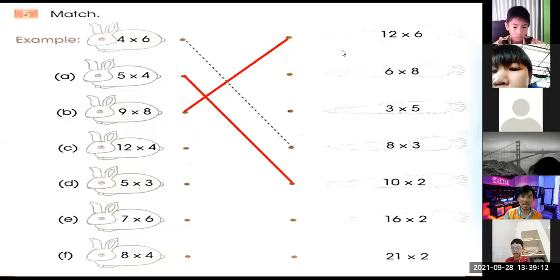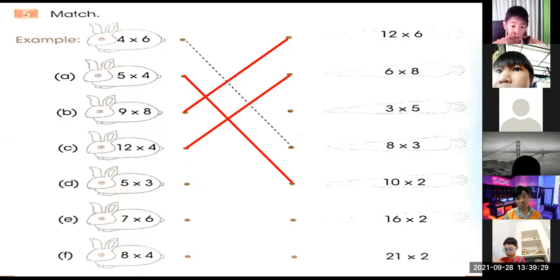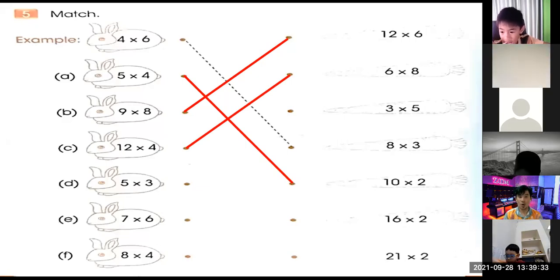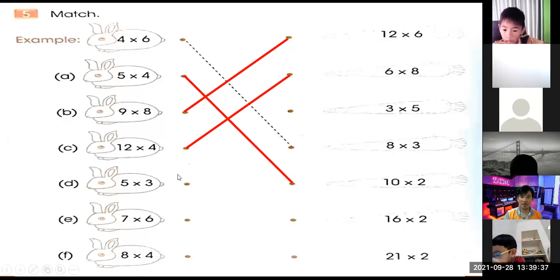Next, letter C. 12 times 4. The equivalent of that is 6 times 8, which is 48. 12 plus 12 plus 12 plus 12 is equal to 48, right?